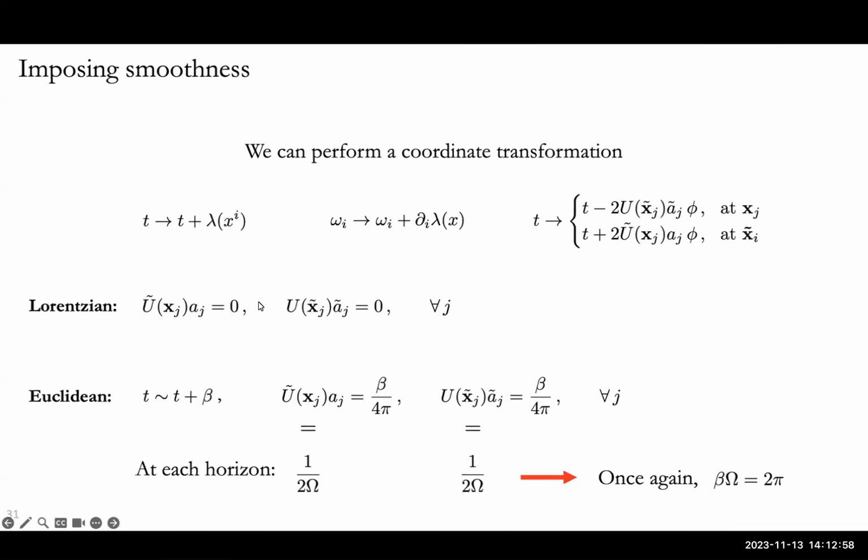And one can actually solve in these solutions what the angular velocity of the horizons of these black holes is as a function of A and U tilde, or U and A tilde. And what one finds is this quantity U tilde times A is precisely 1 over 2 times the angular velocity of the black hole. So the smoothness condition that one recovers is precisely that once again, we have beta times omega equals 2 pi.